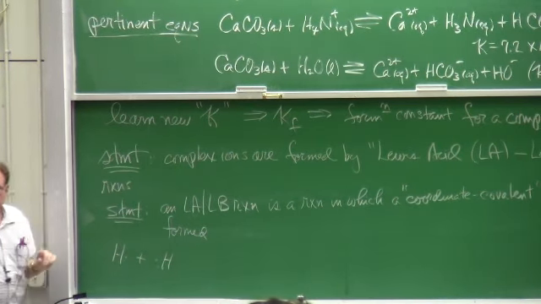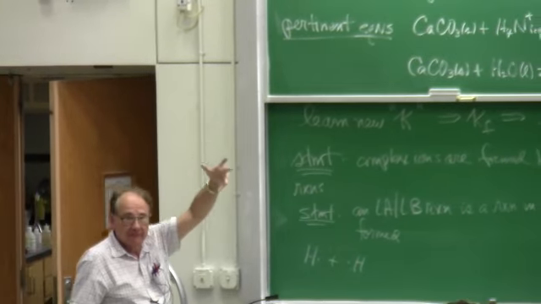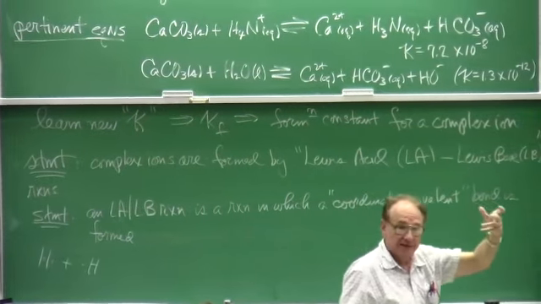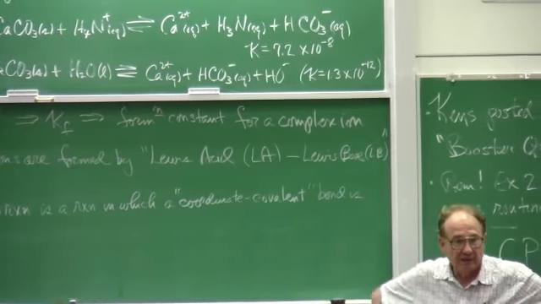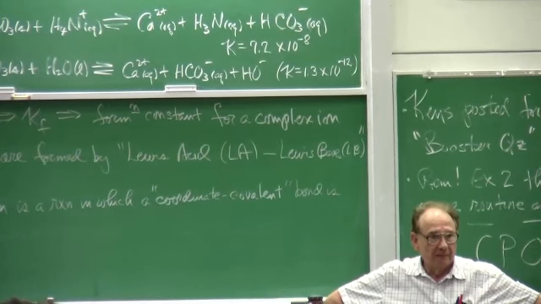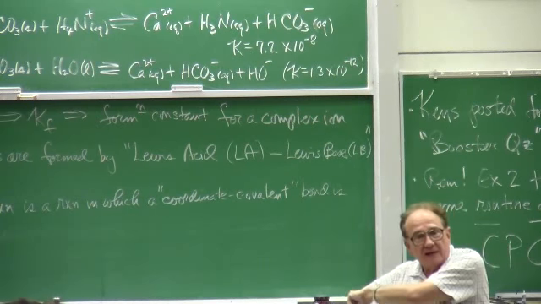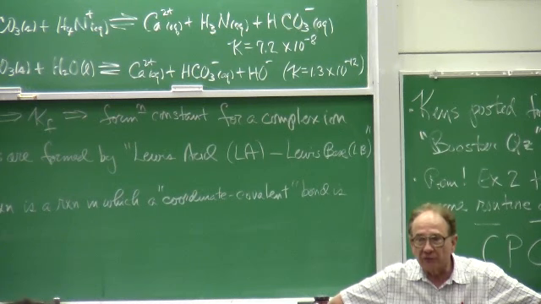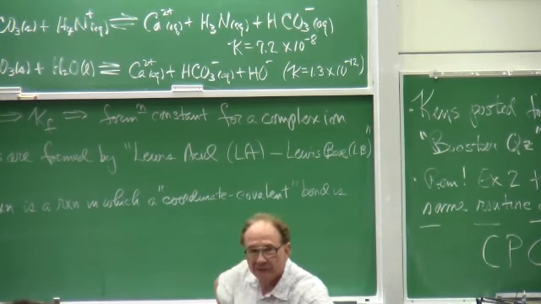H dot plus H dot. You've all seen this for a hydrogen atom, because a hydrogen atom has got a single valence electron. It's only got one electron. Its configuration is 1s1. Well, how is it that these atoms interact with each other and change their overall valence electron configurations when we make the hydrogen molecule?